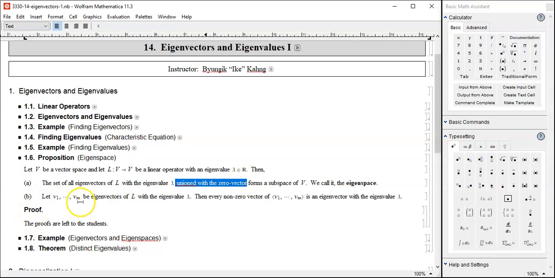Also, if you have m eigenvectors associated with a single eigenvalue lambda, then the set of all linear combinations a1 v1 plus a2 v2 plus all the way up to am vm forms an eigenspace, a subspace.